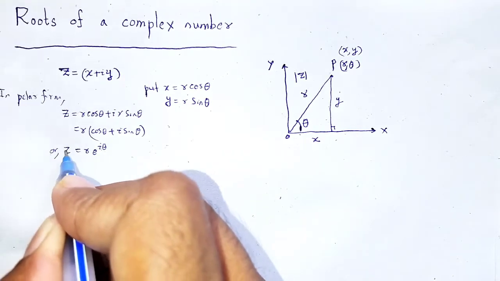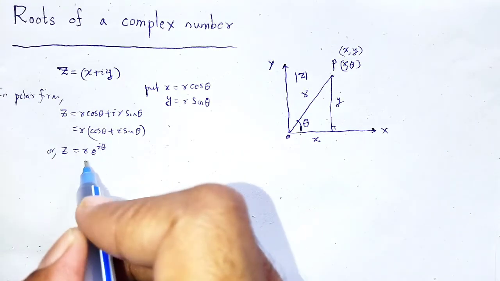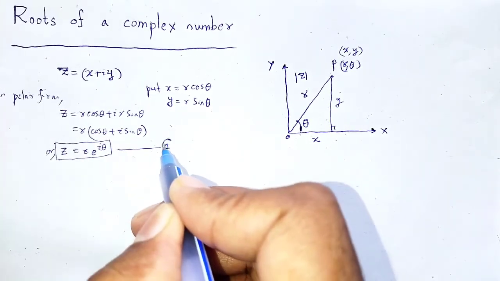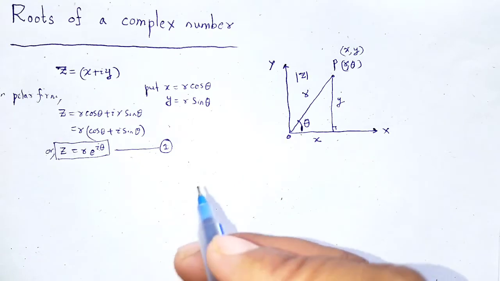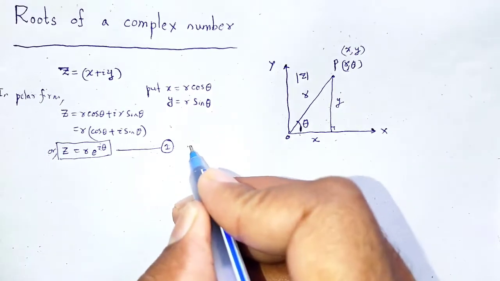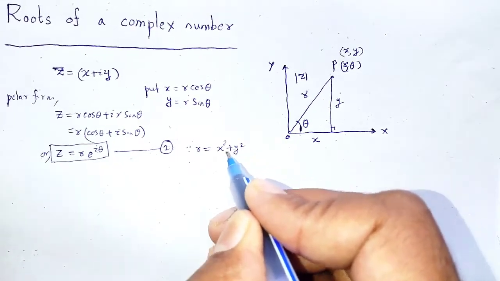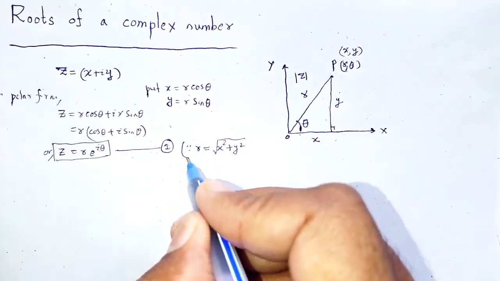Therefore, z is equal to r into e to the power i theta. Let it be referred to as equation number 1, where r is equal to the square root of x square plus y square.